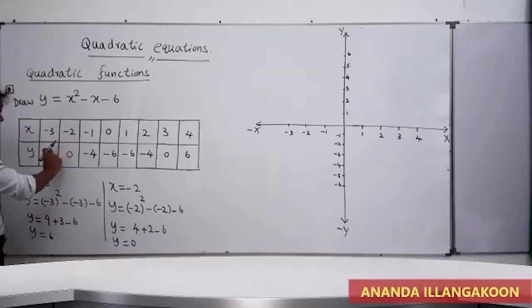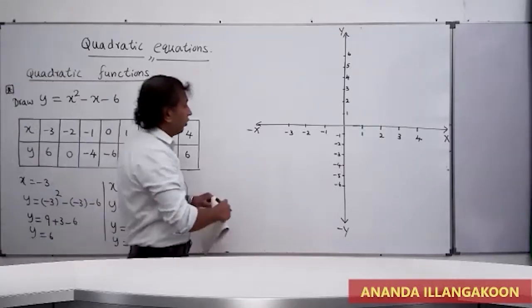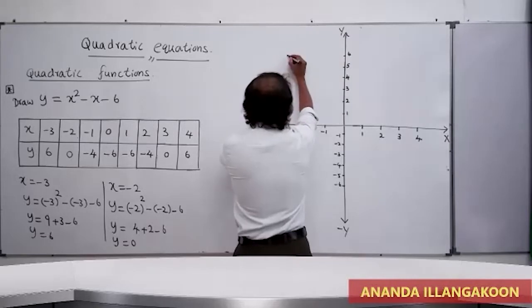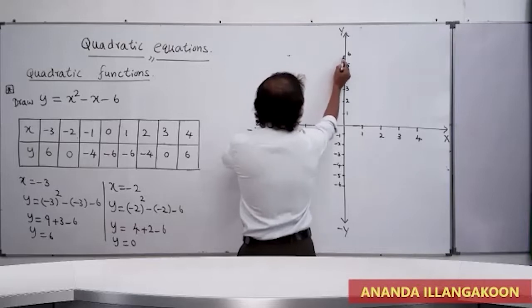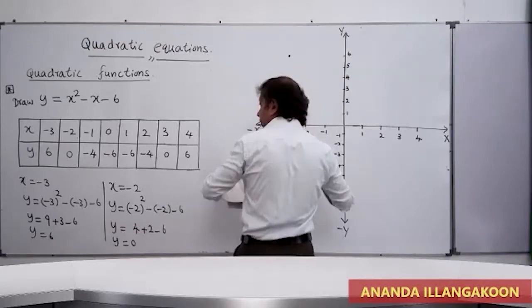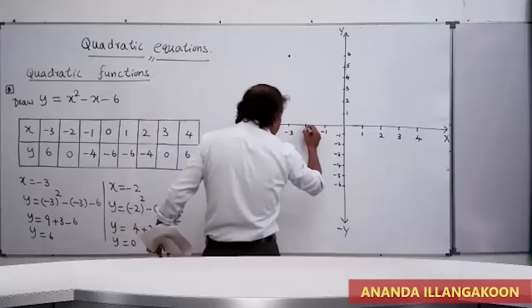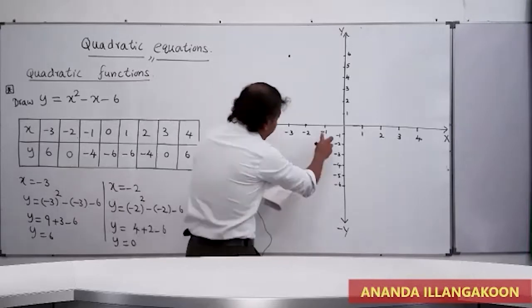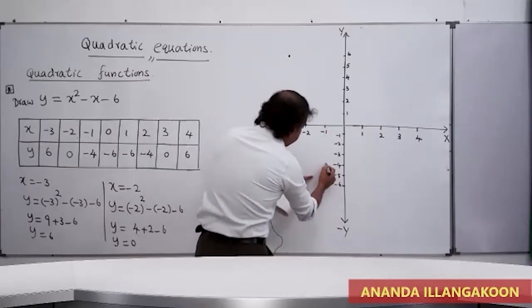When x equals minus 3, y is 6. x equals minus 3, y 6 means this point. Minus 2, it's 0. Exactly this point. Minus 1, it is minus 4 here.